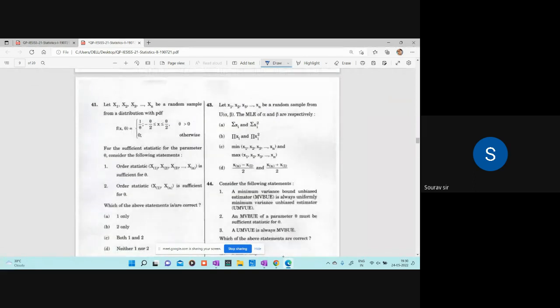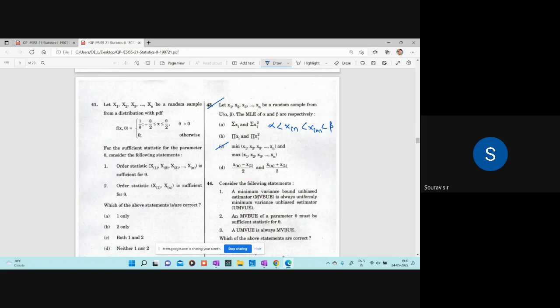I hope you know the answer of this question 43. Yes, ma'am. What will be the answer? C. Because whenever we are writing alpha less than x order 1 less than x order n less than beta, we are taking up this bound.